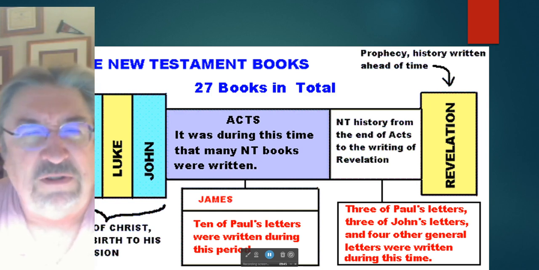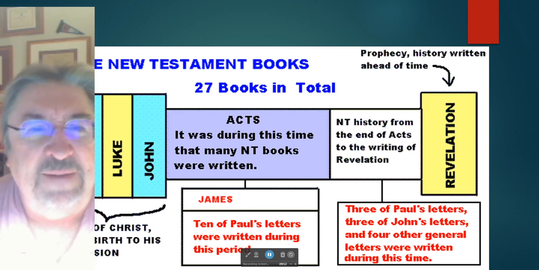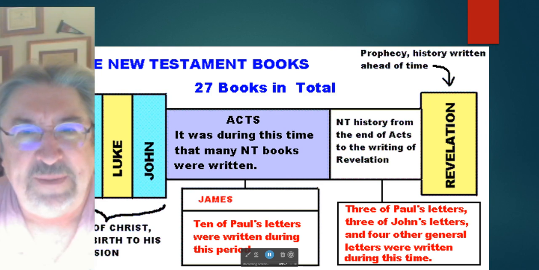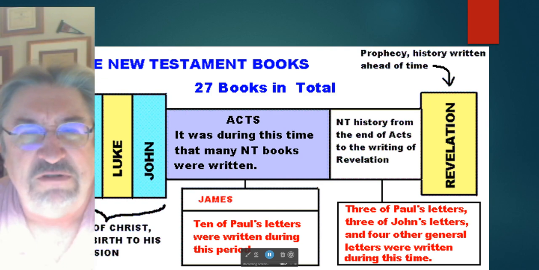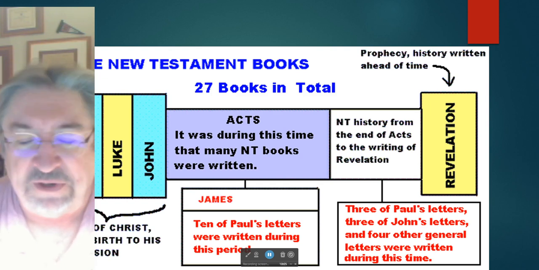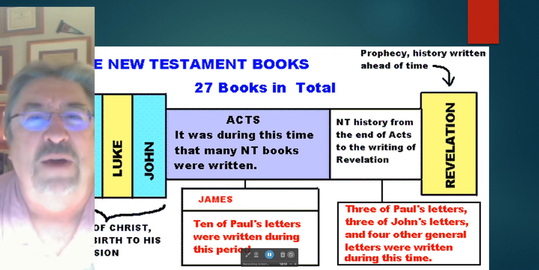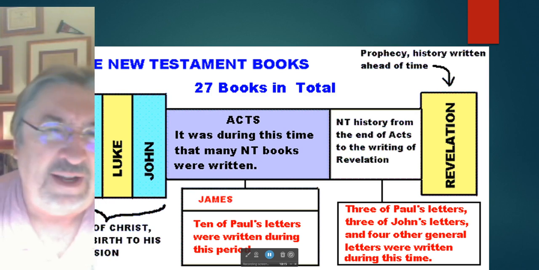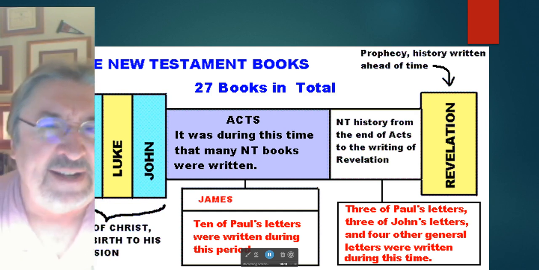There are 4 canonical Gospels: Matthew, Mark, Luke, and John. We have the Acts of the Apostles. Then we have 14 letters attributed to Paul, St. Paul. We have 7 general epistles or letters. And last, we have the book of Revelation, which, just as a sidebar, was the last text canonized.